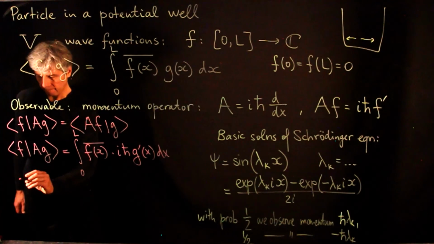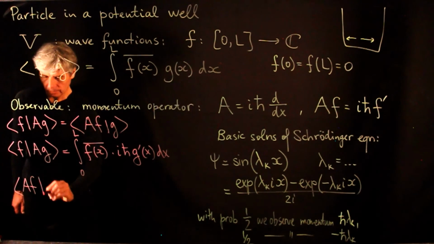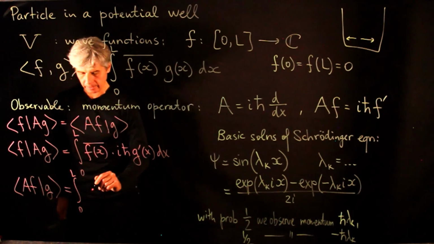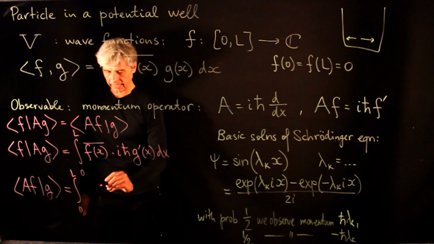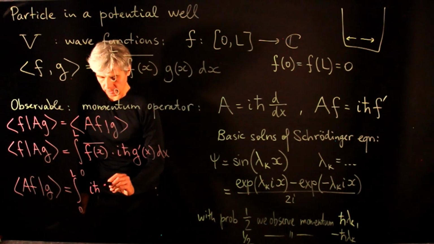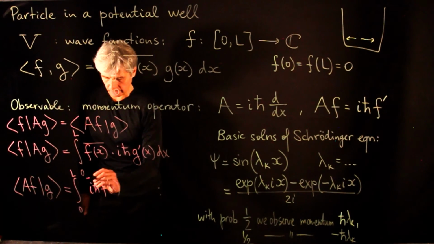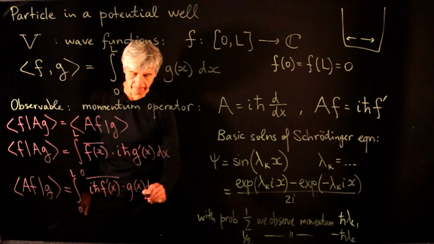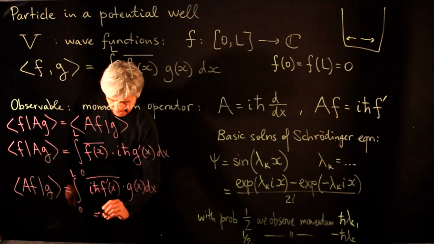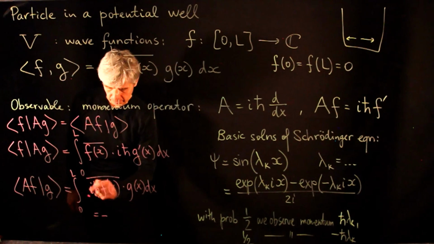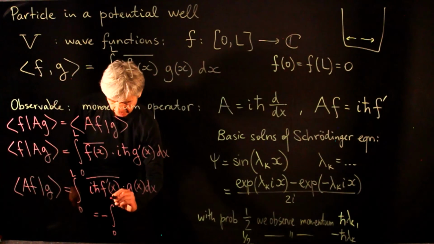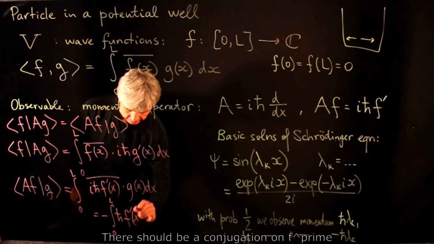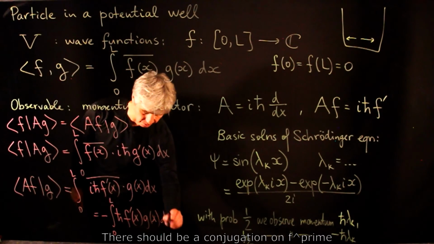And (Af, g) is the integral from 0 to L of i h f prime of x, then bar on this, times g of x dx. And so this becomes minus, because i bar is minus i, the integral from 0 to L of h f prime of x g of x dx.